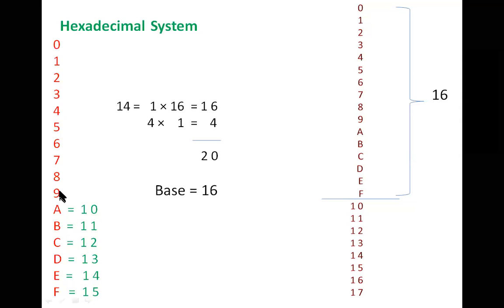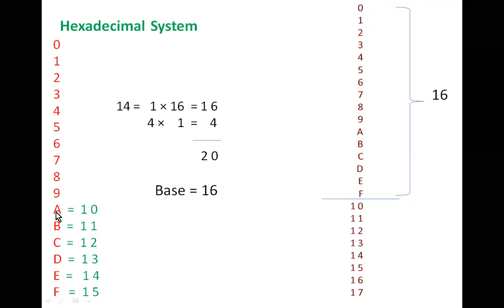Up to 9. Now A has a weight 10. It is 10 units higher than 1, or 1 unit higher than 9. B has a weight which is 11 times that of 1, or 1 unit higher than A.